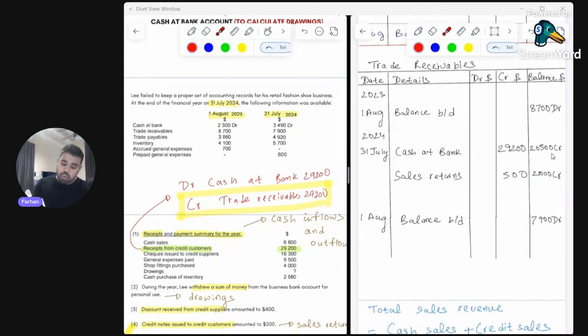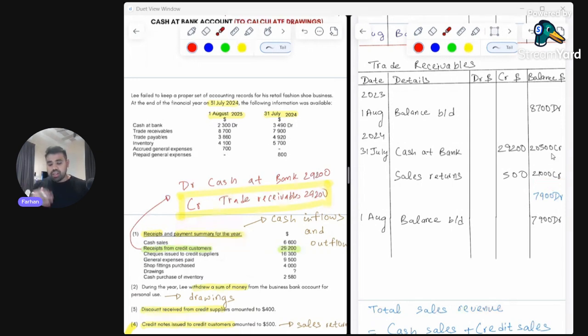So you can see that on 1 August 2024, I've included $7,900 debit, obviously, because trade receivables is an asset, as the opening balance. This also means that we must end with a closing balance of $7,900 debit after all the transactions have been processed, right? So how can we go from 21,000 credit to 7,900 debit?